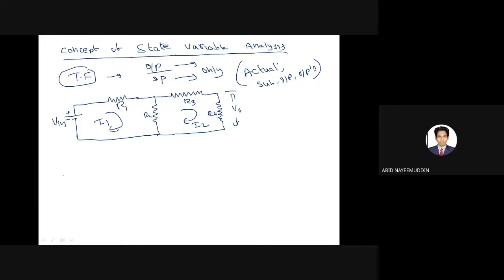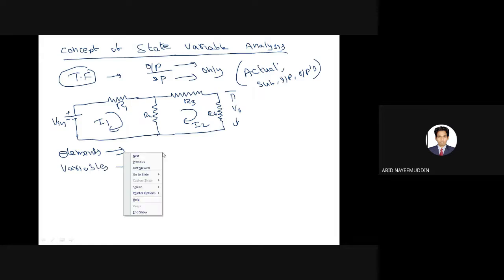So all of you are aware of the elements and the variables. How many elements are there here and how many variables?